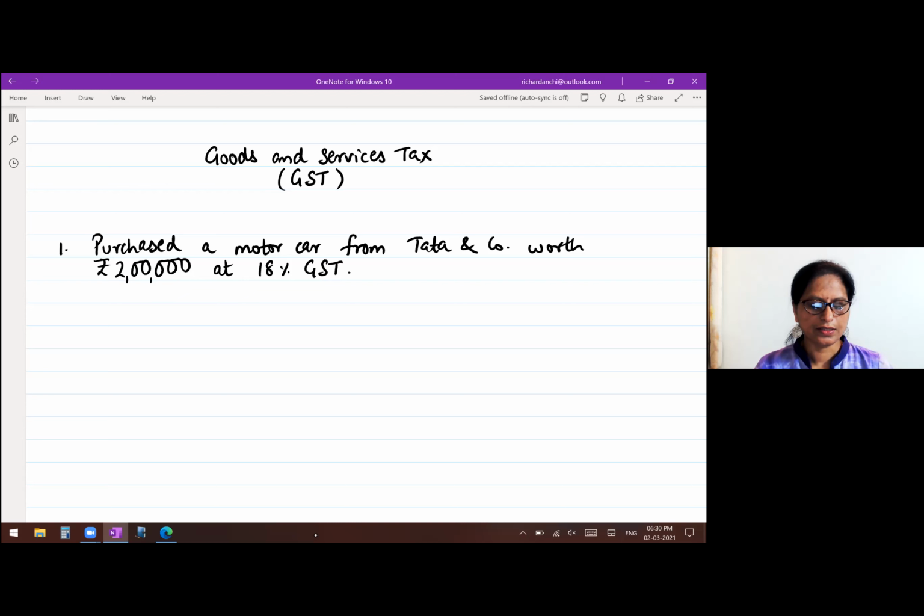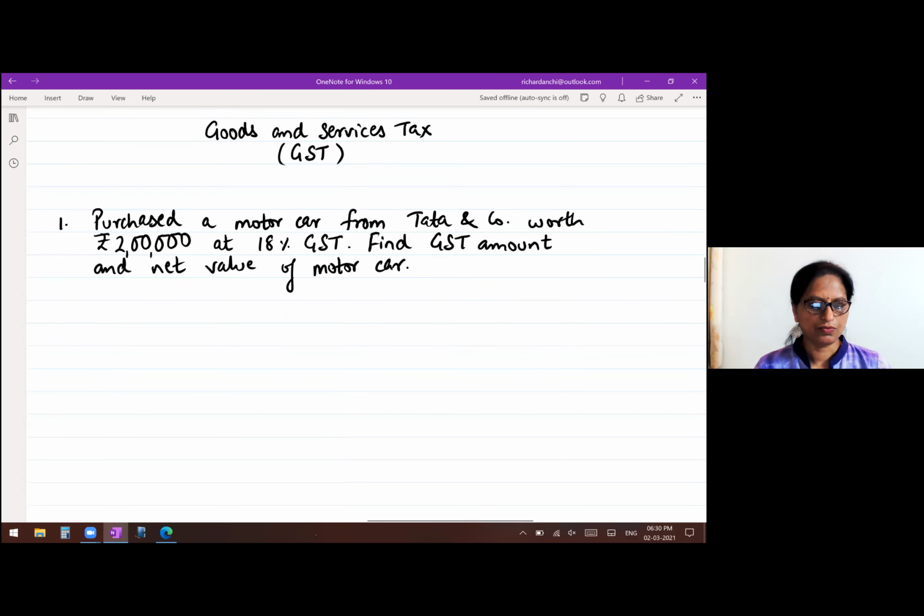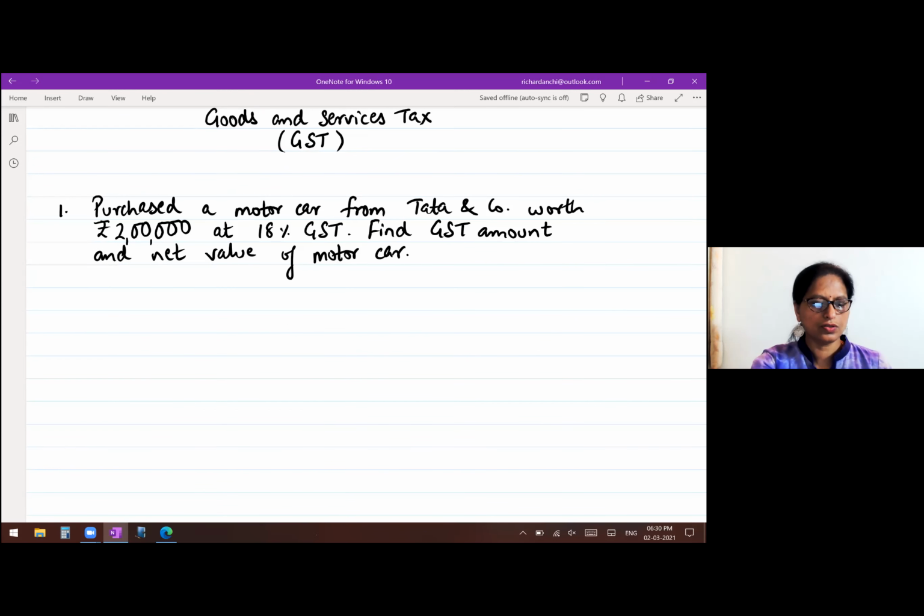Find out the GST amount and net value of motor car. Okay, first we will take cost of the motor car. So cost of motor car is 2 lakhs.